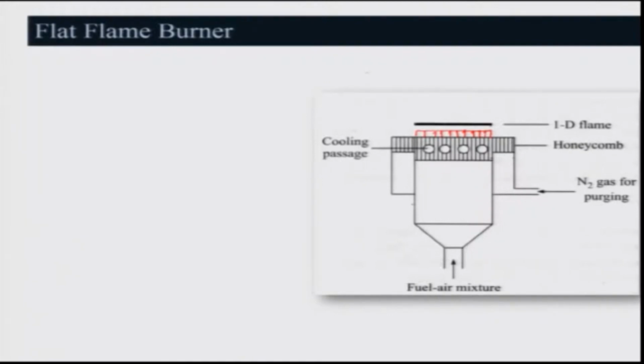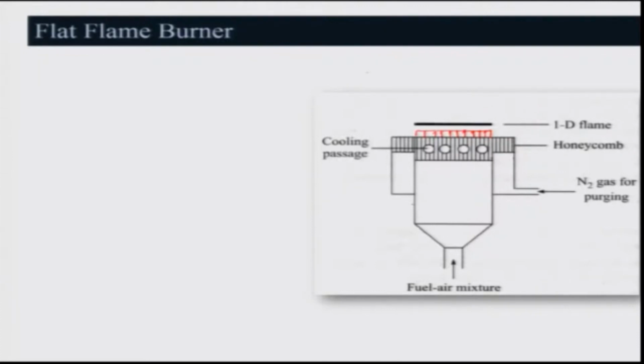Besides this, a porous sintered metal disc can be used. Cooling passages are also provided, so that you can cool this portion to stabilize the flame. And there is a provision, as I have shown here, to create a curtain with dilution gas, such that there will be no interference coming from outside with the flame.